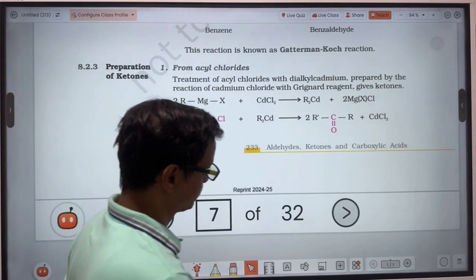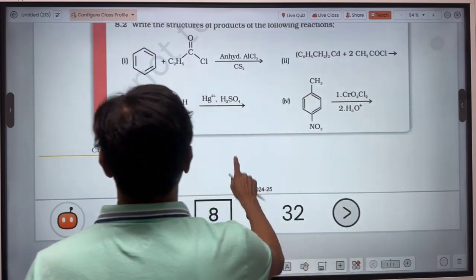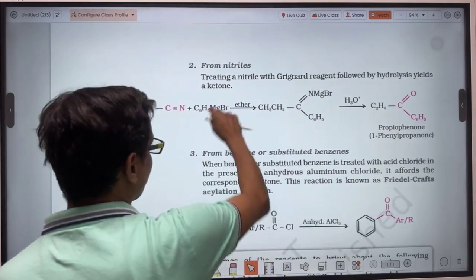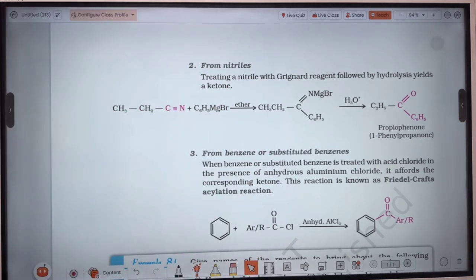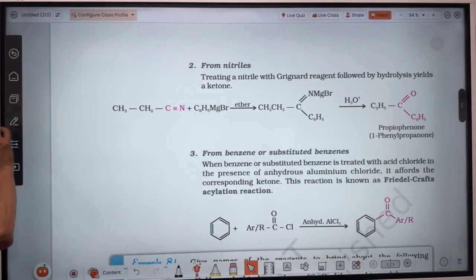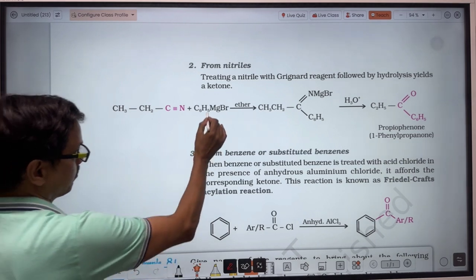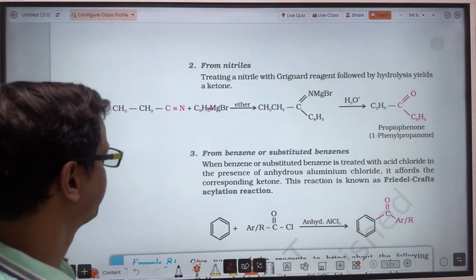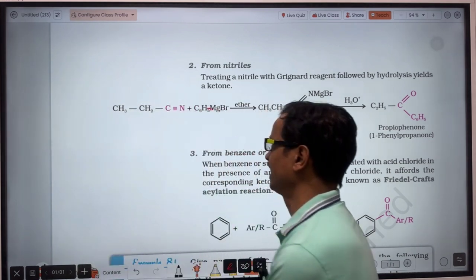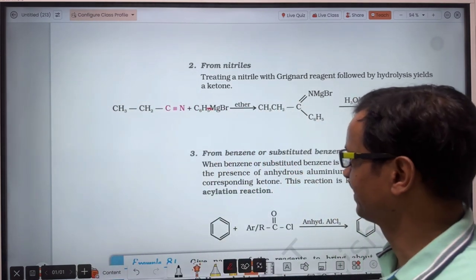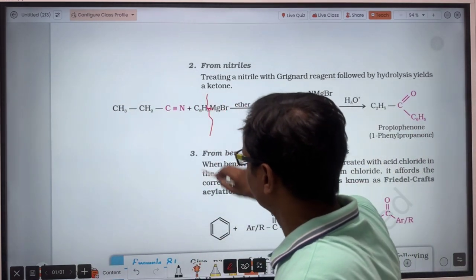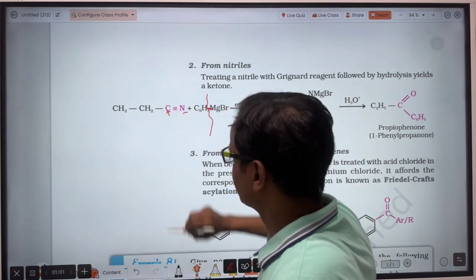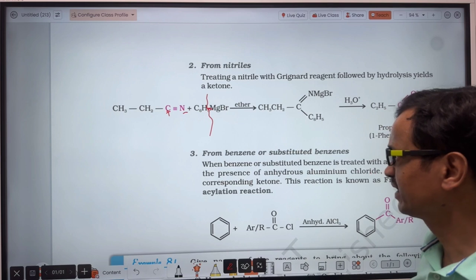Now let's see another method: from nitrile. Let's see what happens here. The bonding between the carbon of benzene and the magnesium is covalent, so the bond will dissociate from here. In the nitrile, carbon is the positive part and nitrogen is the negative part.